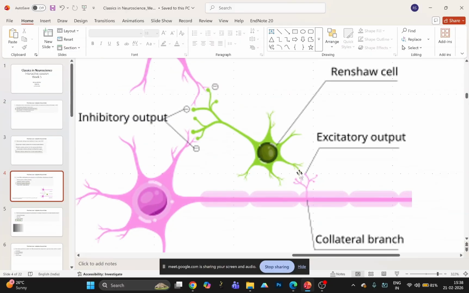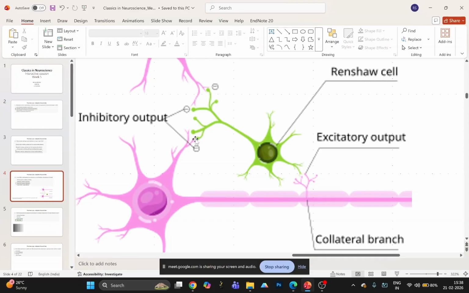And these interneurons were receiving the information that this axon was excited from the synapse. Having received the information, they were synapsing with the cell body of the same neuron and inhibiting it.